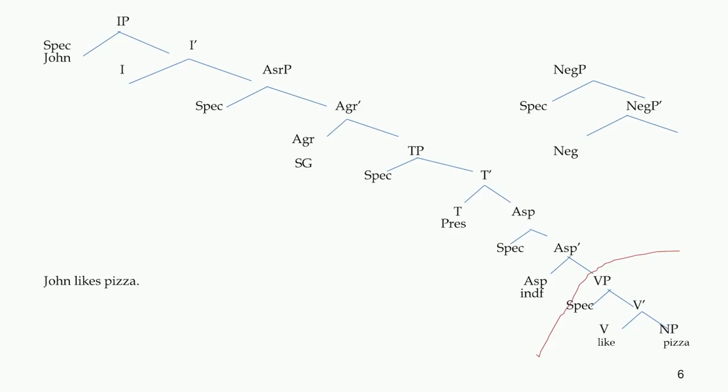The argument is that this phrase occurs in the functional domain, above the red line where you see agreement phrase, tense phrase and aspect phrase, etc. A specific suggestion has been made that NegP will occur above TP but below aspect phrase.